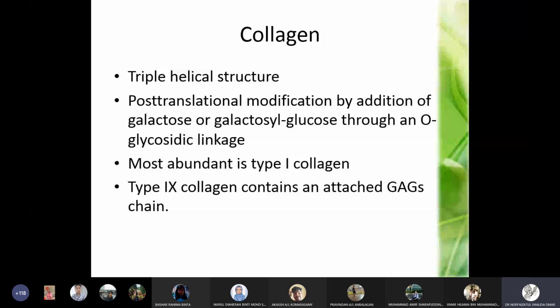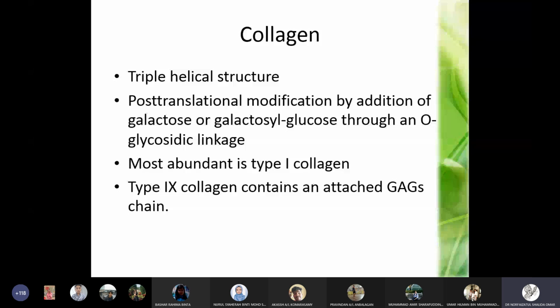What is meant by post-translational modification is that, remember, replication, transcription, and then translation, right? Translation is the process where the protein is produced.